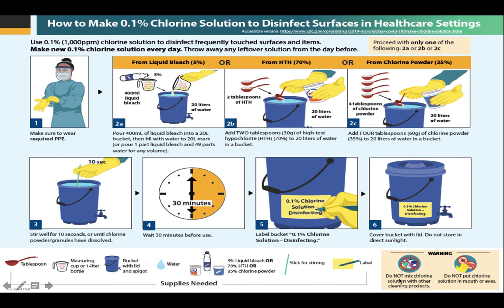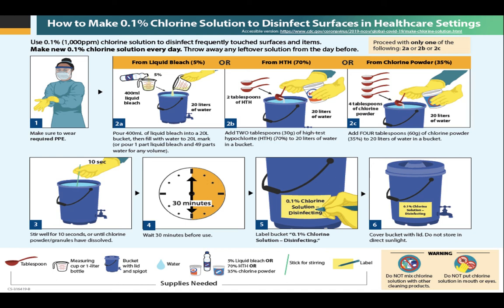Most importantly, do not mix your chlorine solution such as bleach with any other cleaning product. So for an example, you would not mix bleach with peroxide, or mix bleach with ammonia or any other type of cleaning supplies, as it does change the chemical and change the product to something that could be explosive or highly dangerous if within the presence of the wrong person.